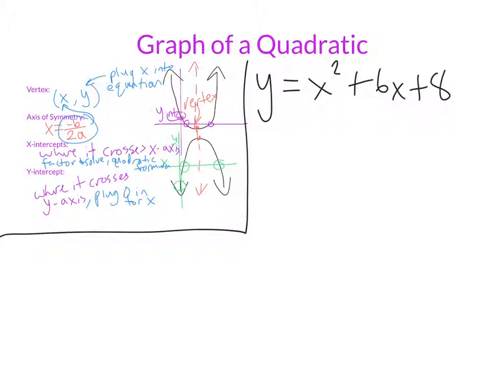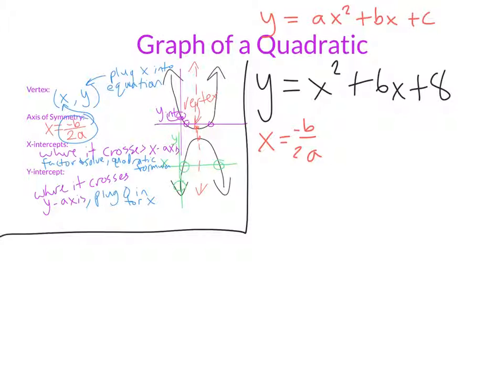So first would be our vertex, which is in conjunction with our axis of symmetry. So if I take x equals negative b over 2a. Well, what are my a, b, and my c? Well, a quadratic is written in the form ax squared plus bx plus c. Now, that is standard form rather than vertex form.